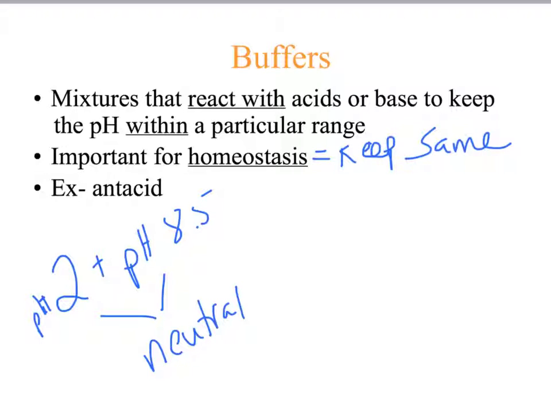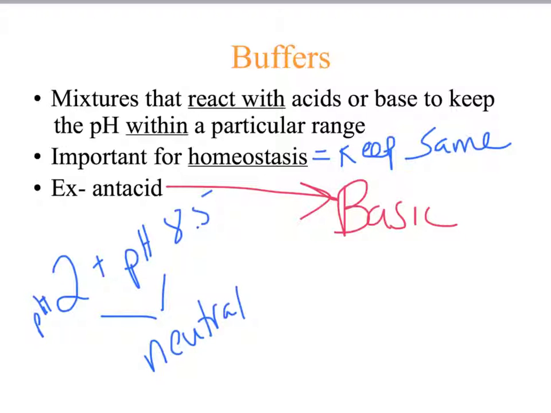If you've ever vomited a little bit, you taste it. It's not a pleasant thing. And so if you're experiencing heartburn, a lot of times people will take antacids. Antacids are typically basic, and they help balance out the acidity that leaks up into our esophagus.